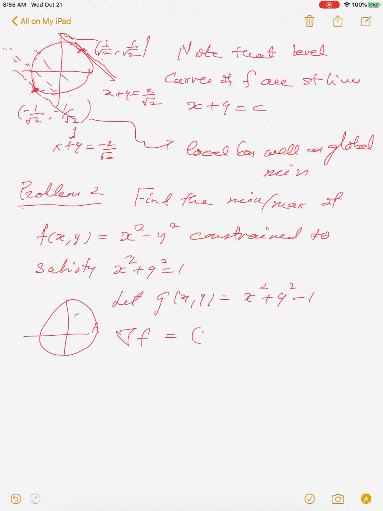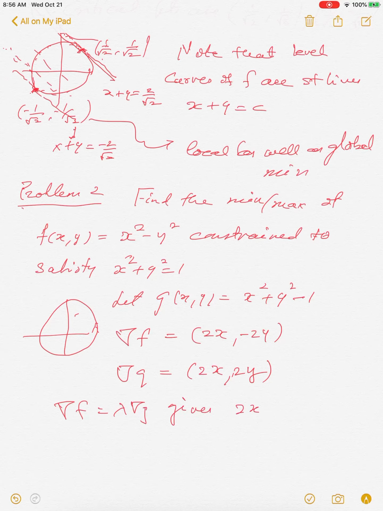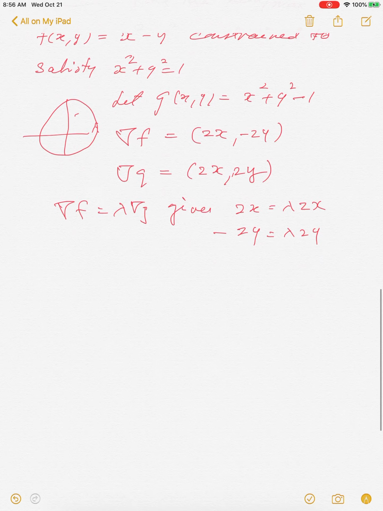So grad f is going to be (2x, −2y). Grad g is (2x, 2y). So grad f equals lambda grad g gives 2x = λ·2x and −2y = λ·2y.